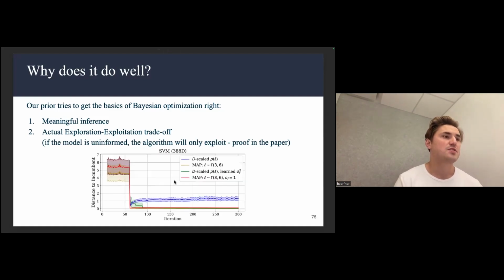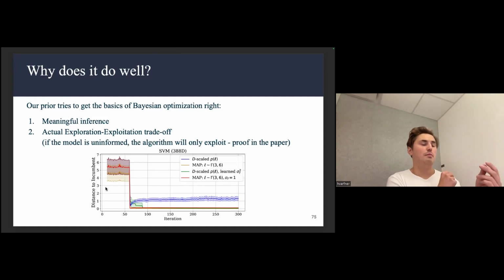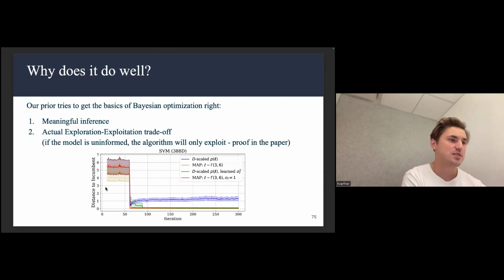And we benchmark that too, where we see that our method here in blue, against conventional MAP in either yellow or red, actually keeps a relatively modest average distance to the current best point.